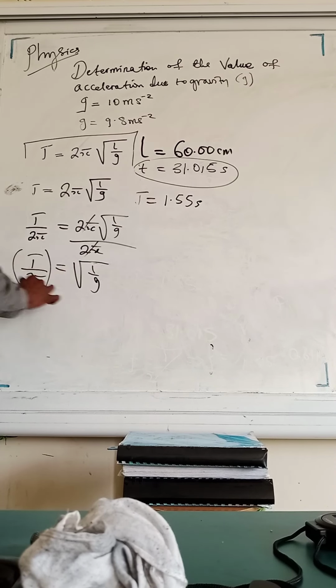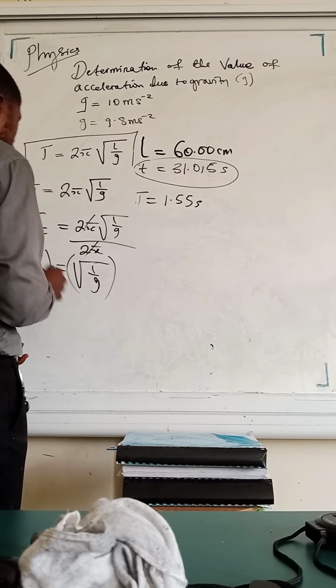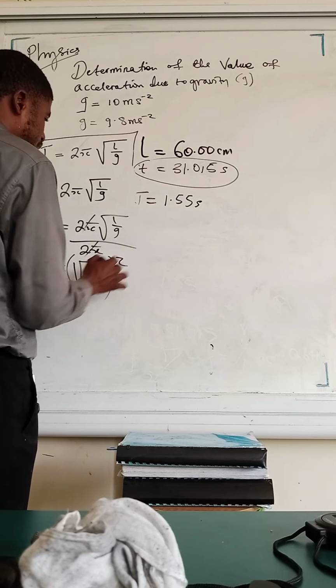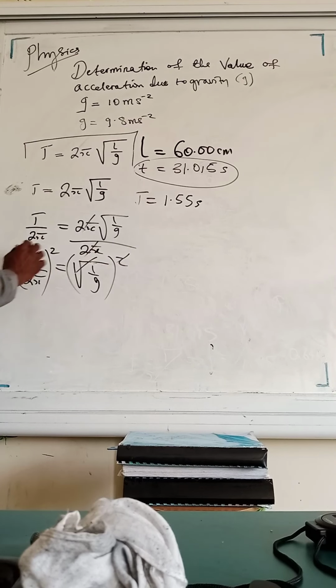We are going to square both sides. If we do that, this will cancel this. And so you have T square all over 2 square, which gives 4, pi square gives pi square.